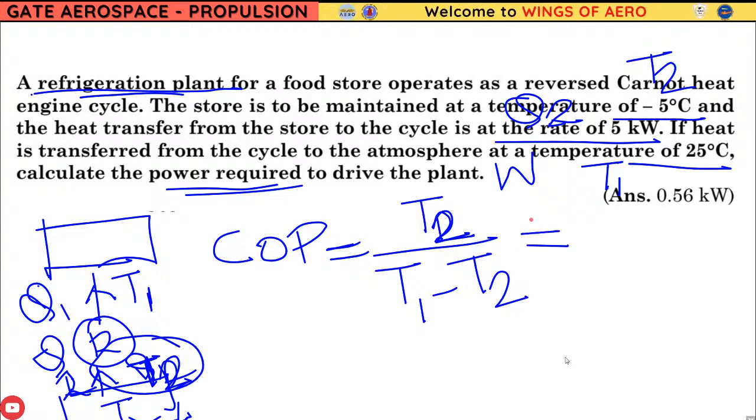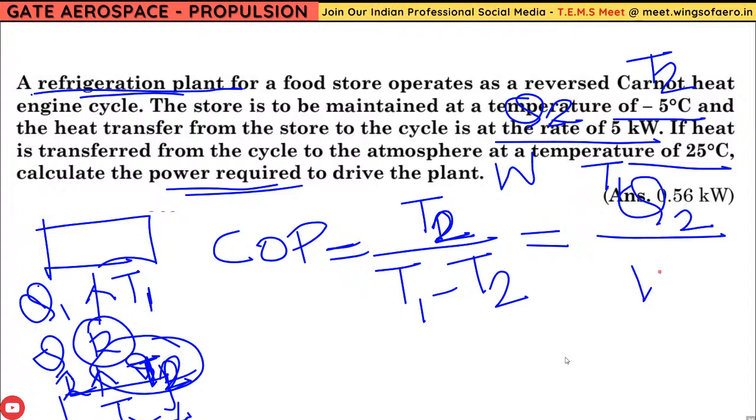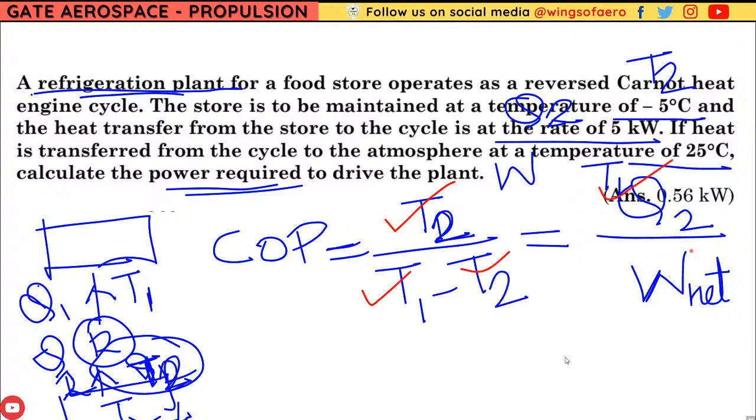In the same way, I can also say Q2 is given, so I can write Q2 equals COP times W net. Can I equate this equation? We know the Q2 value, T1 value, T2 value. So from here I can find the W net value. Solve the equation and let me know what answer you get.